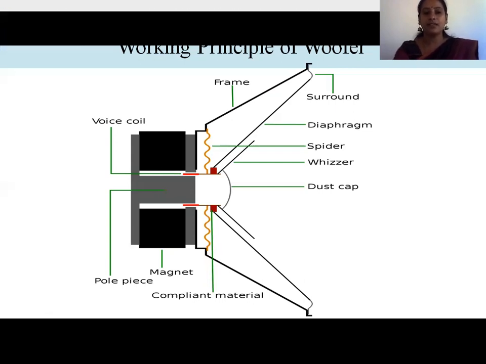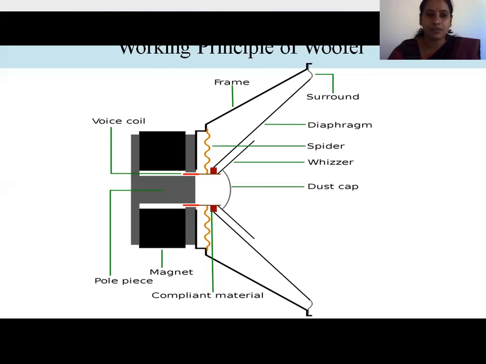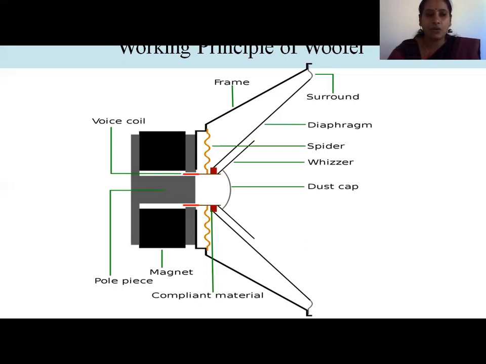So the designer chooses the magnetic flux level that provides the best compromise between efficiency and bass response.